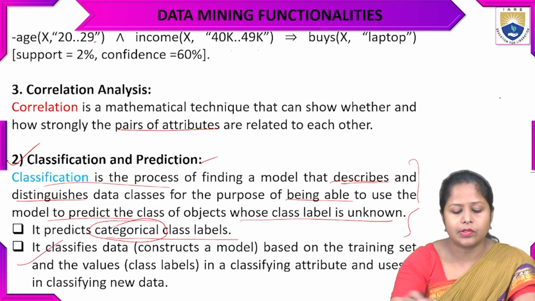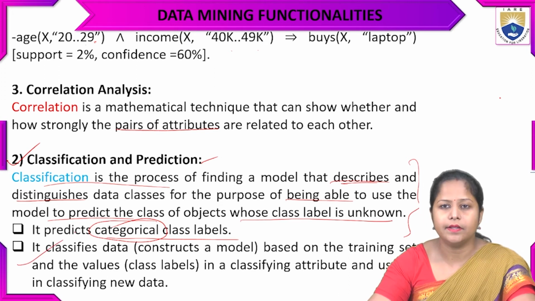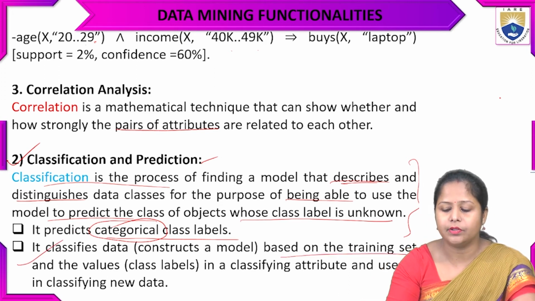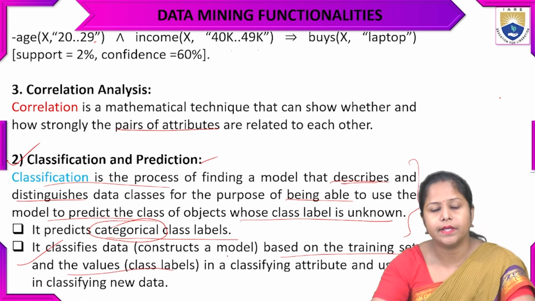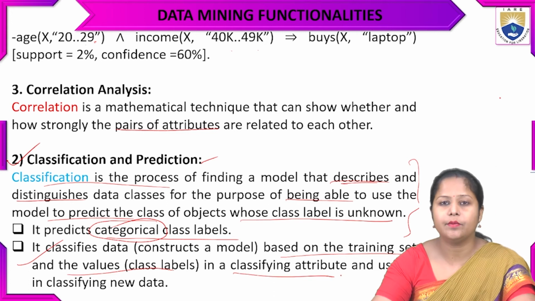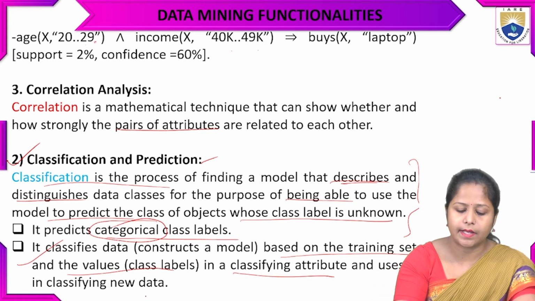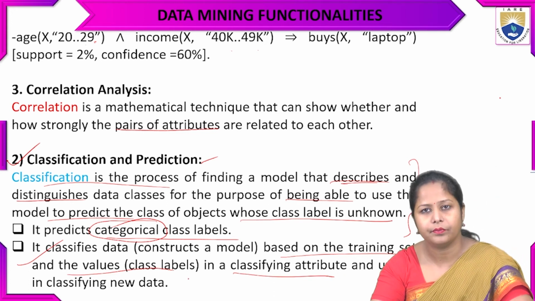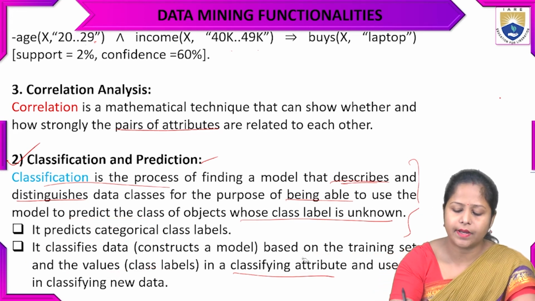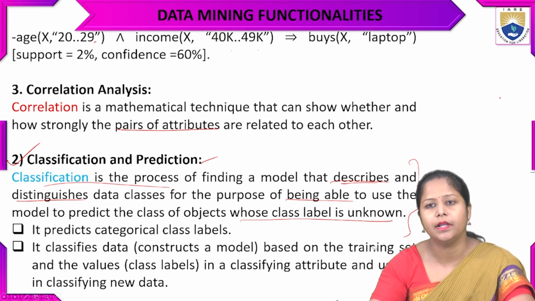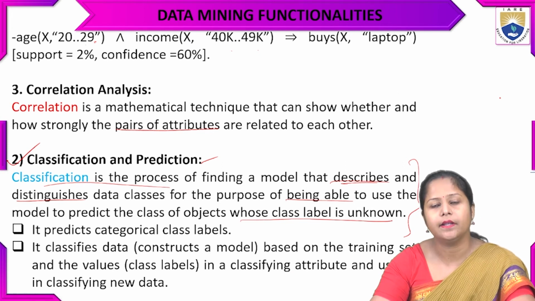It also classifies the data: it constructs a model based on the training set and the values of class labels in a classifying attribute, and uses it to classify new data, right?